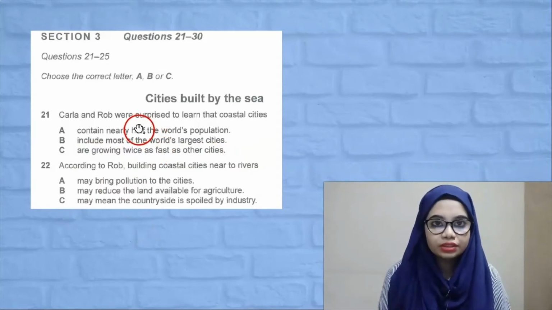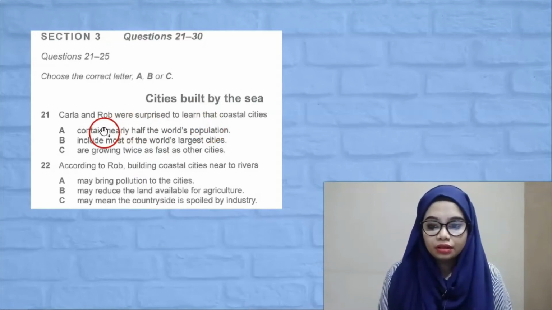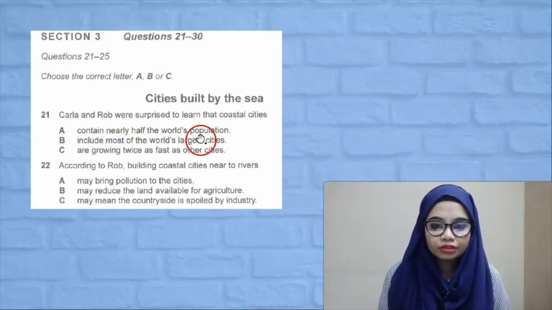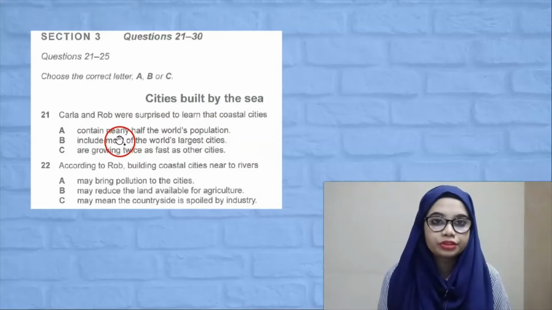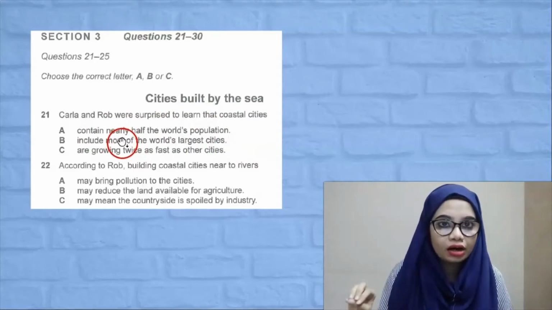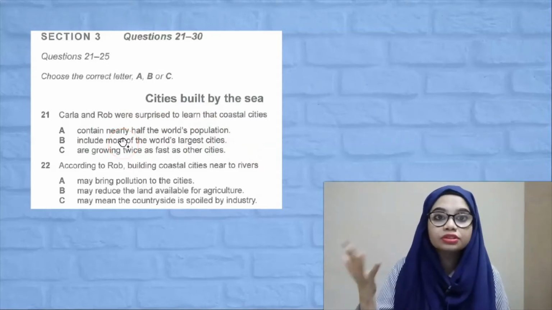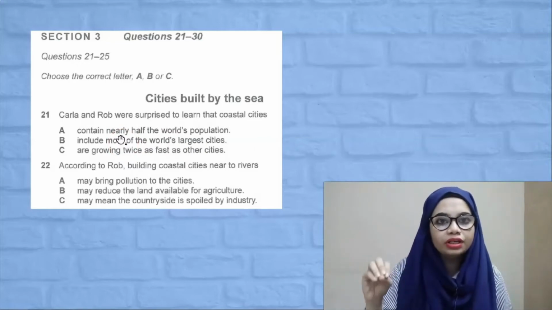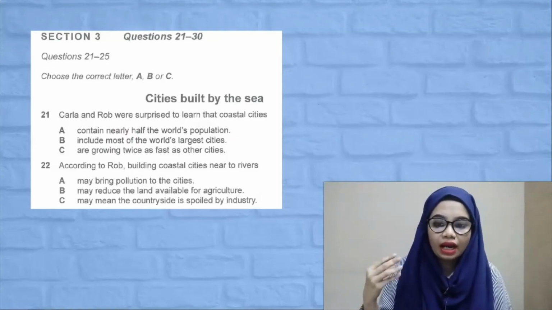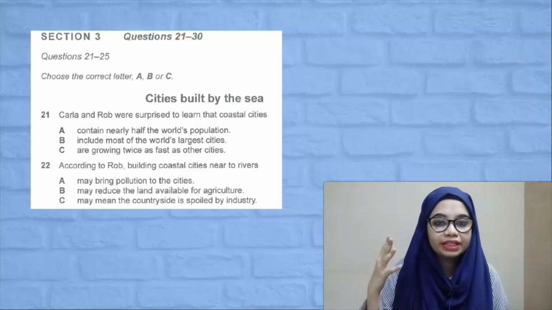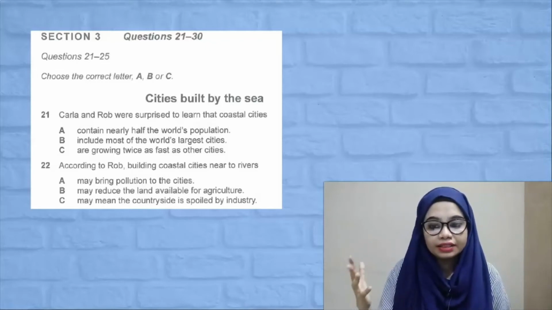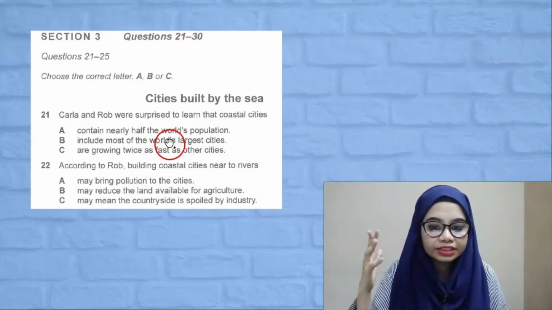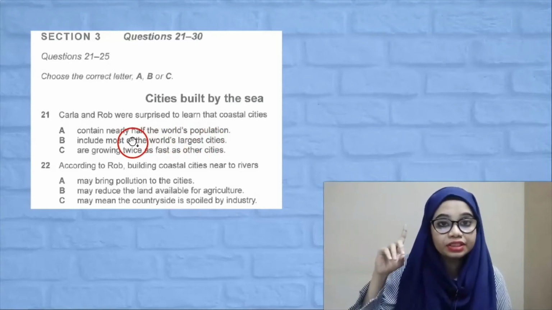So the indicator words here are half, world population, include most of the world's largest cities, most, not all, not half, not less than half, not few, not several, but most. You should always look out for words that are time specific, that are quantity specific, and pay attention to them, because they will try to trick you and actually say something related to world's largest cities but not actually say the word most.